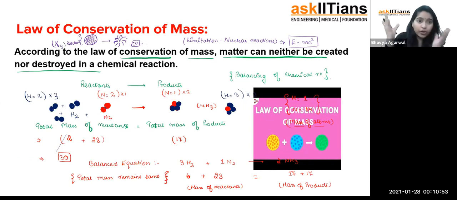Now, when it exploded and shattered into smaller fragments, its mass was smaller this time. Let's say it is y grams, and we know that x is greater than y. So the question comes, where has the remaining mass gone? Because we talk about the law of conservation of mass. So where is the remaining mass? That mass gets converted into energy.